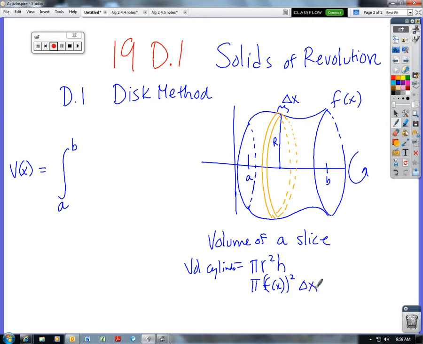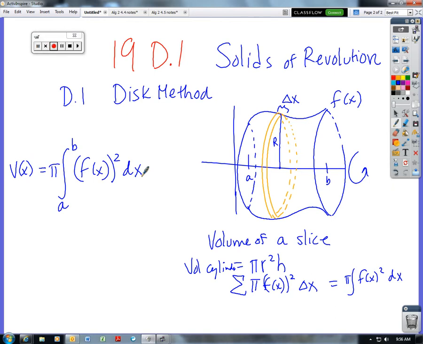Now when we sum all these, that becomes the integral of pi f of x squared dx. The delta x is the dx, and the summation becomes the integral symbol when we have an infinite number of slices. So the volume will be pi times the integral from a to b of f of x squared dx.